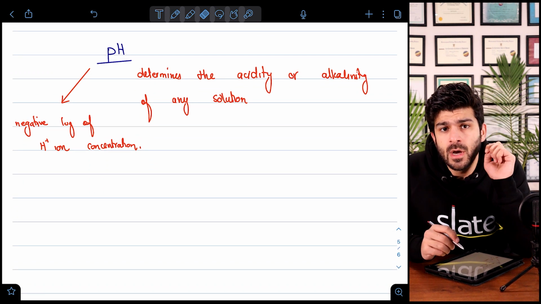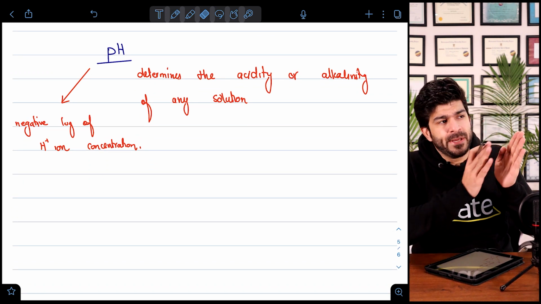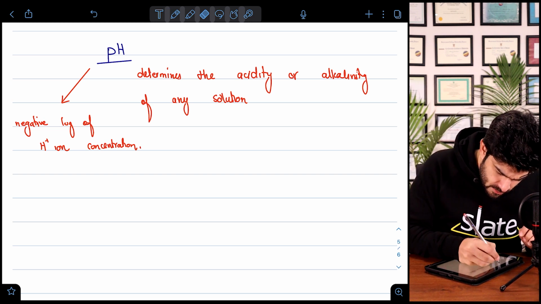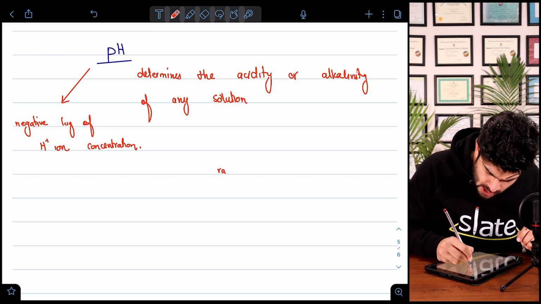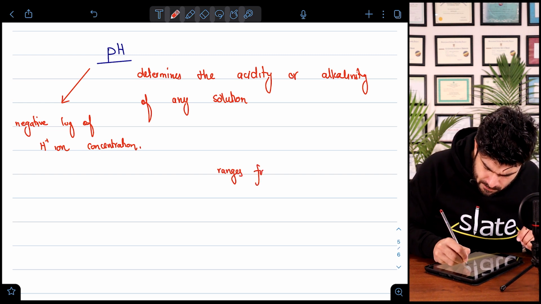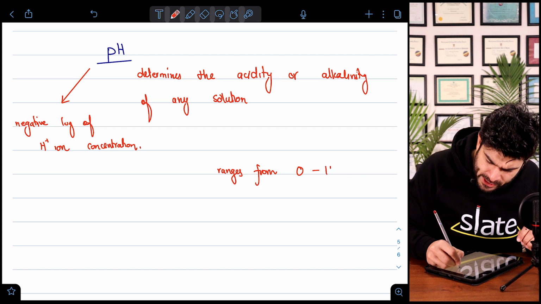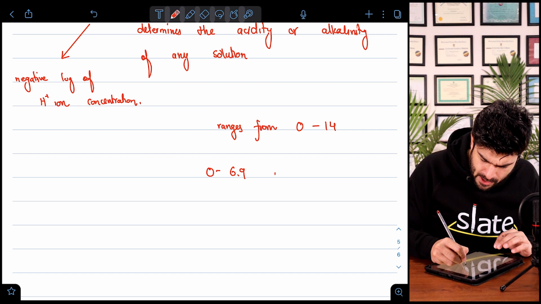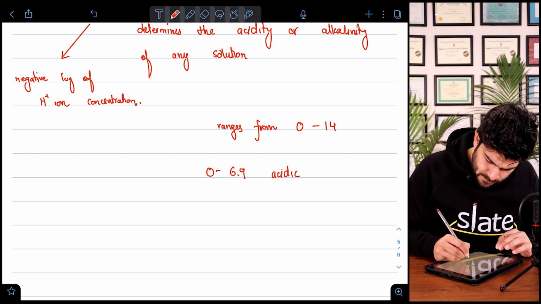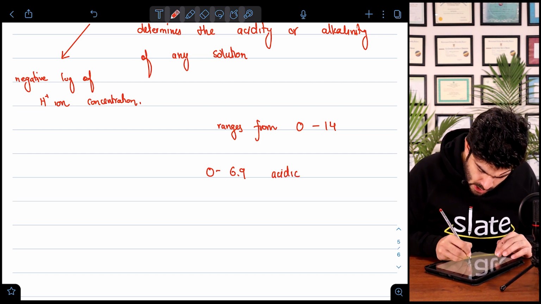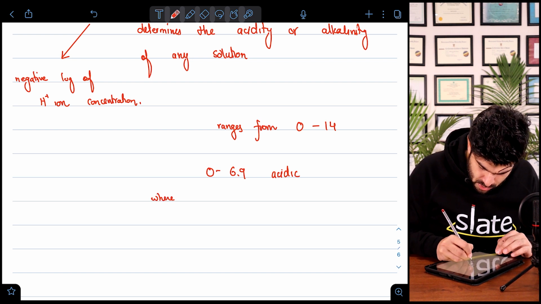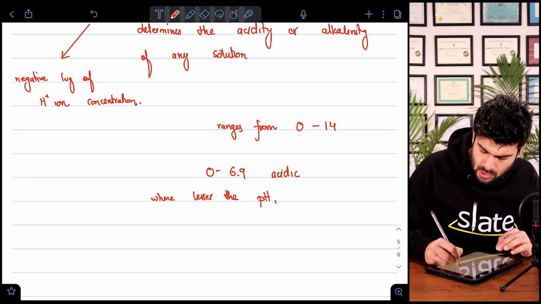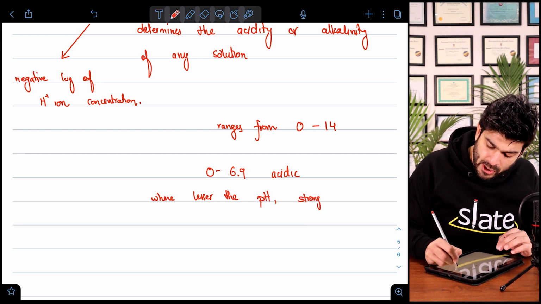As I said, remember, pH is a numeric value. So pH has a range from 0 to 14. So 0 to 6.9 is acidic, where the lesser the pH, the stronger the acid.